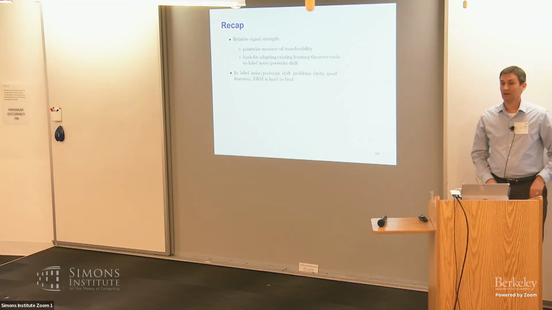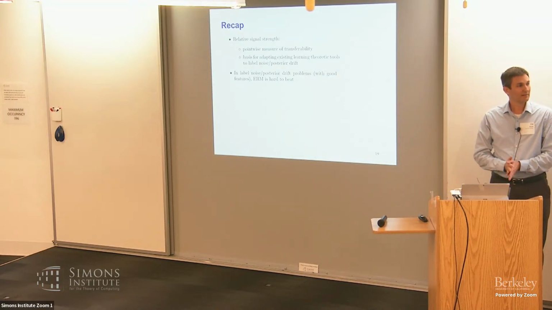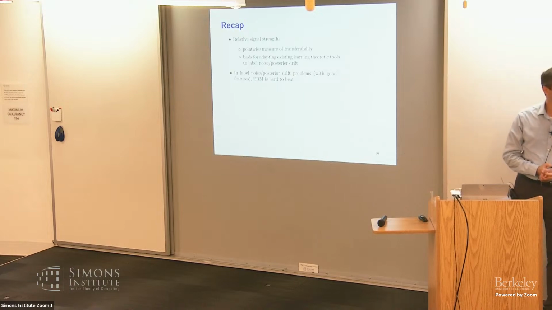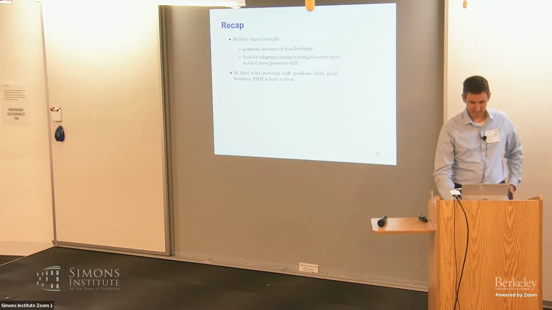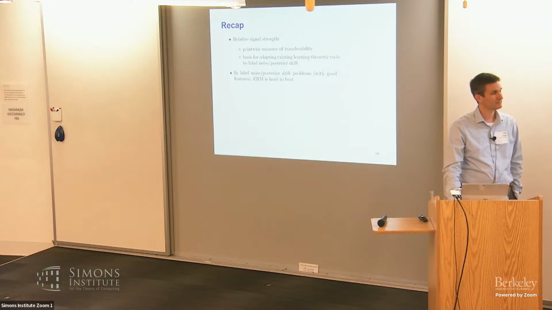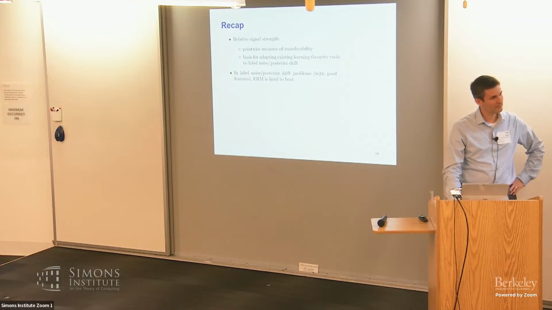Questions? When you were introducing this relative signal strength, you said you wanted a non-parametric posterior drift. It seems pretty similar to the distribution shift in the Kpotufe and Martinet papers. Which paper is that? The Cai and Wei 2021 paper.